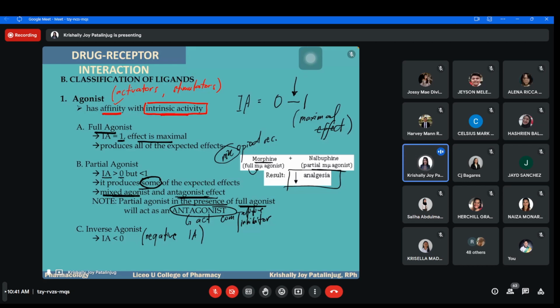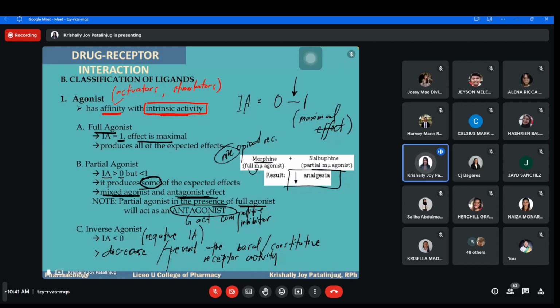Opposite in a way na yung gagawin ni inverse agonist, it will decrease or prevent the constitutive or basal receptor activity. So sulat ko ha, again, it will decrease or prevent the basal or the constitutive receptor activity.